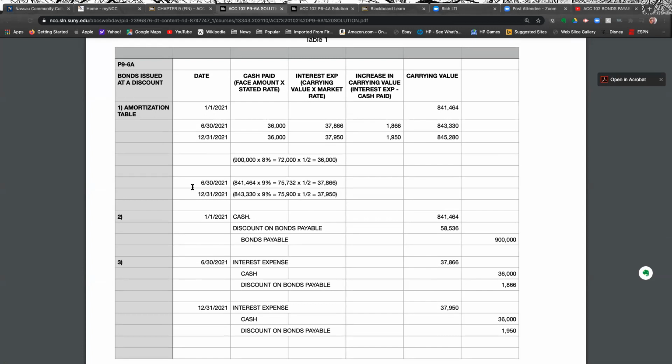Problem 9-6A is like the problems in the textbook where you have a table. I guess we're only doing the table for a few periods, right? We're not doing it for the full 10 years or whatever it comes out to be. All right, so let's take a look at this.